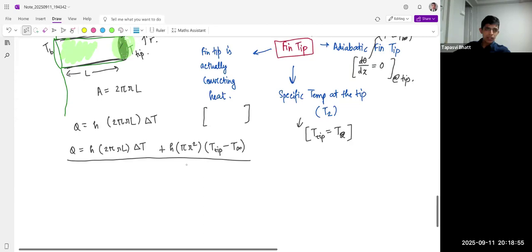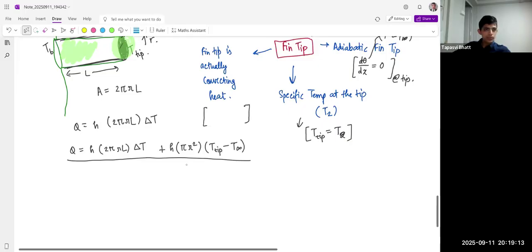This is because this thing is also convecting, and this thing is also convecting.